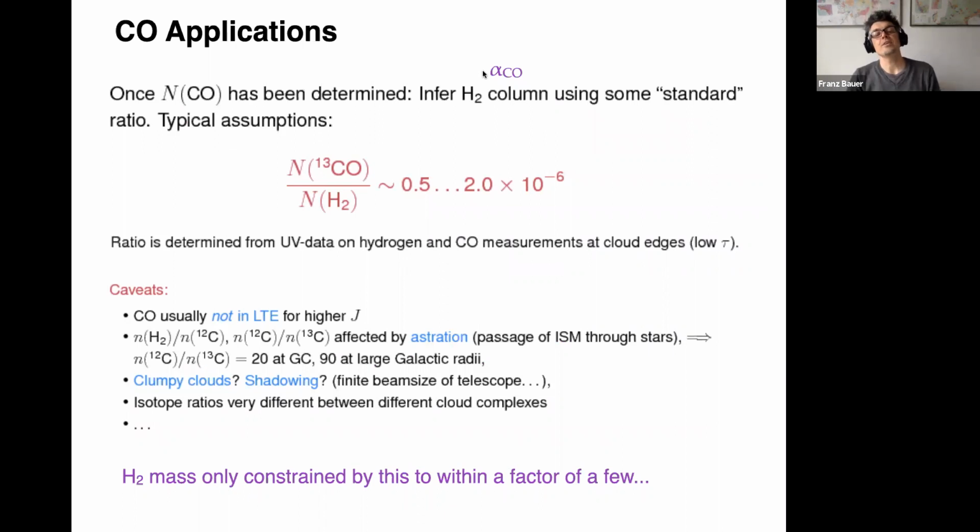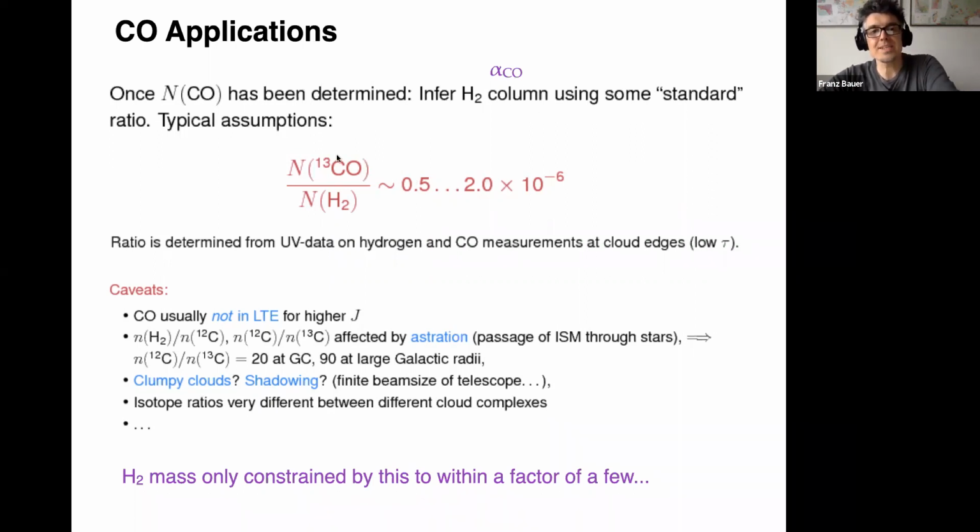Even once you start studying different types of galaxies, different types of galaxies seem to have a different conversion factor. The SMC, which is really well studied, has an alpha CO of, I think, about 0.5 or so, and then the ULIRGs have an alpha CO of 4. So there's almost a factor of 10 difference, well, a factor of 8 difference between those, which makes things a bit complicated.